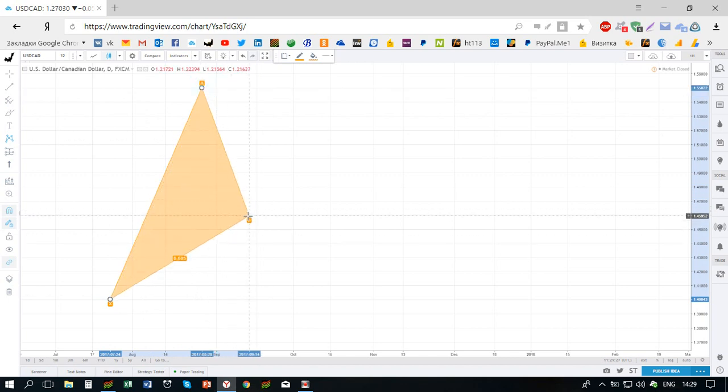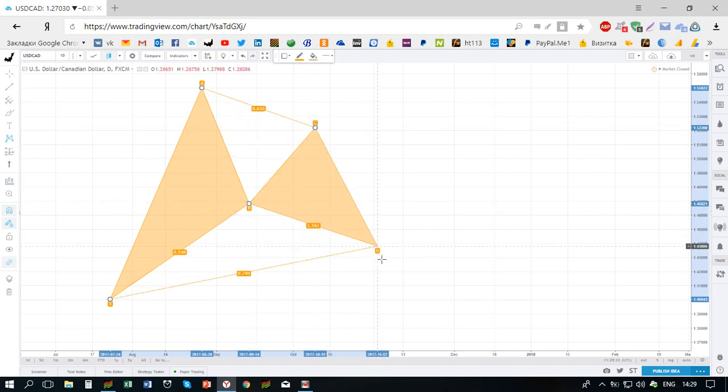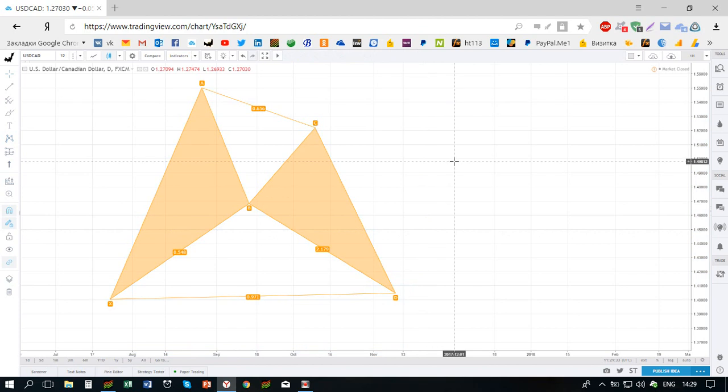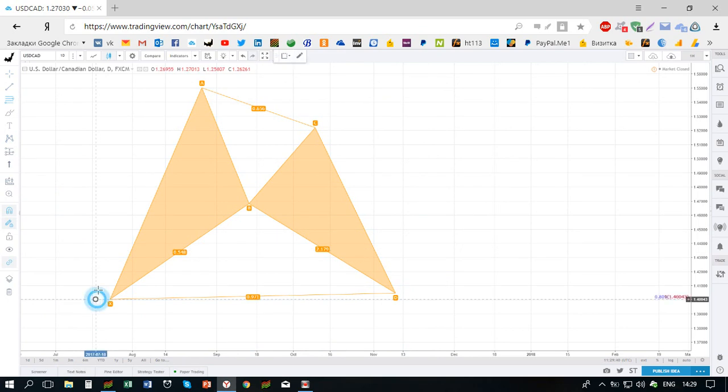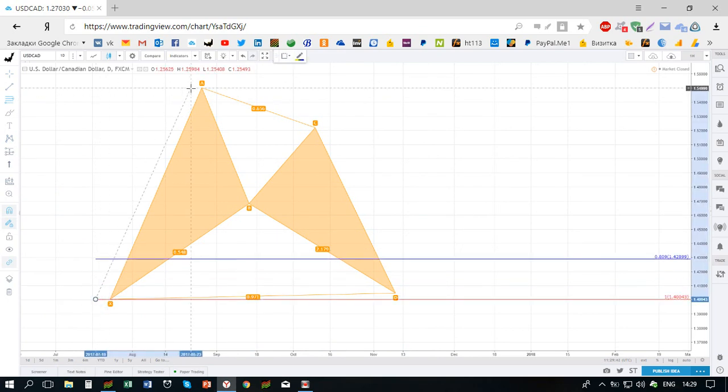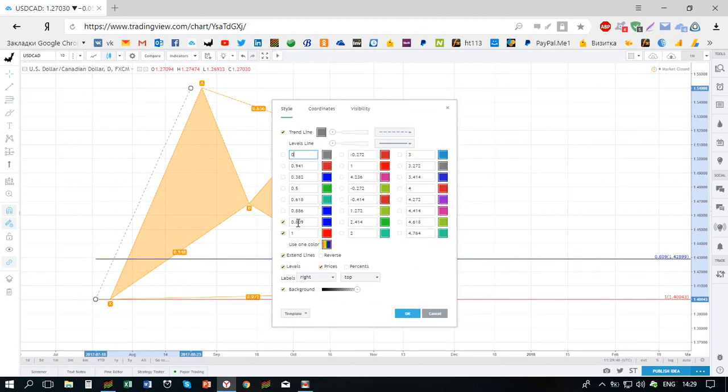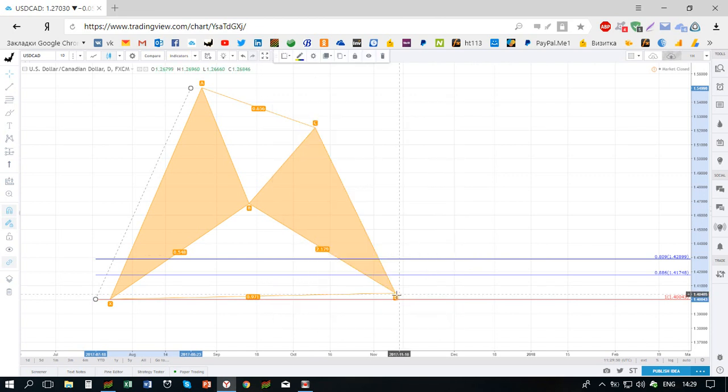Suppose we have a bat advanced formation. So we will only talk about bats. What are the levels for entry? The level for entry is this, 886. You see, this is the level for entry.